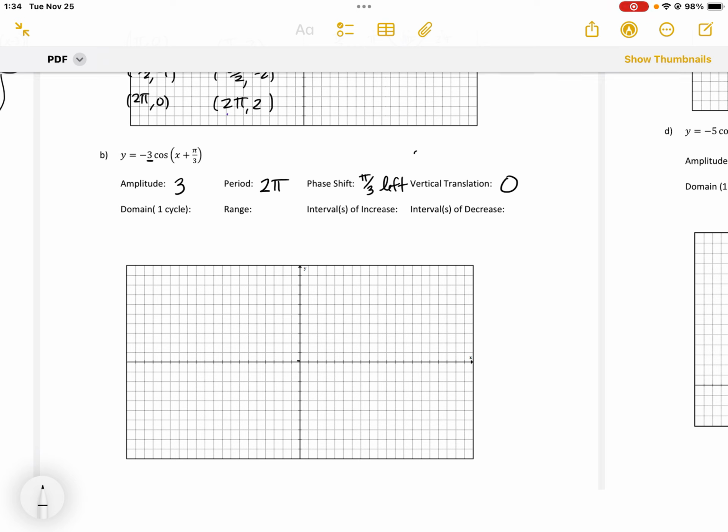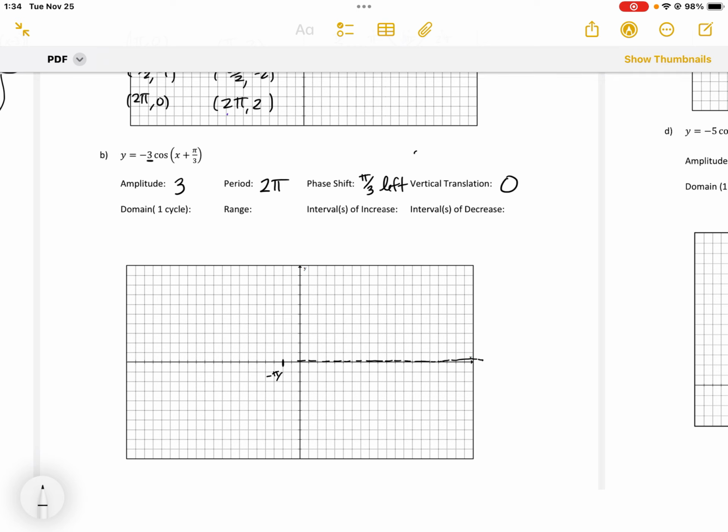So if my equation of the axis is still the same, which is here, I know that my phase shift is going to be pi over 3. That is what I'm going to use to make my scale on my x-axis. So I'm actually going to make each box worth pi over 6.